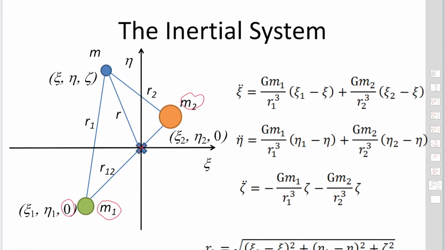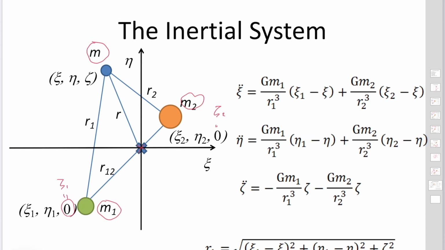So this means theta sub 1 equals 0 and theta sub 2 equals 0. So m sub 1 and m sub 2 are located on the xi-eta plane, but the object with mass m is not located on the plane. So this object can move freely out of the plane.